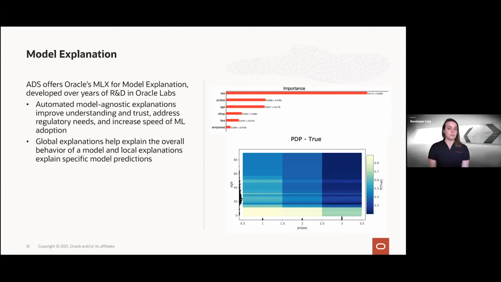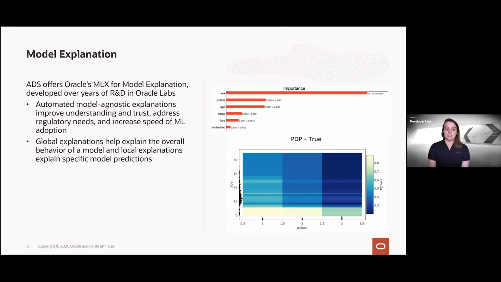It provides automated model agnostic explanations to help, of course, improve your understanding of the model's behavior and help you trust the results that you're getting. You can also use it to help address some regulatory needs if you work within a regulatory industry like finance, for example. And across an organization, it can help you to debug and increase the speed of ML adoption.